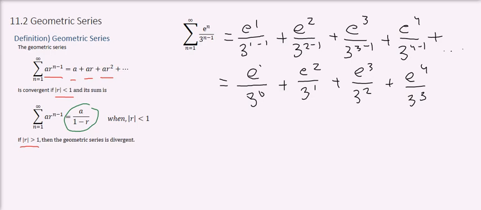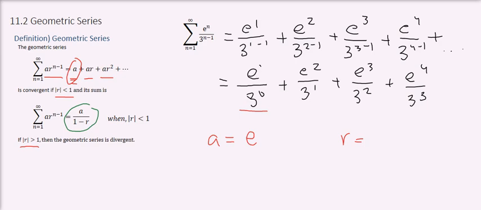So now we need to identify what our r is and our a. In this problem, the thing we start off with in the first term, all by itself, like our definition shows, our a is the first term. So e over 3 to the 0 is the same thing as just e.